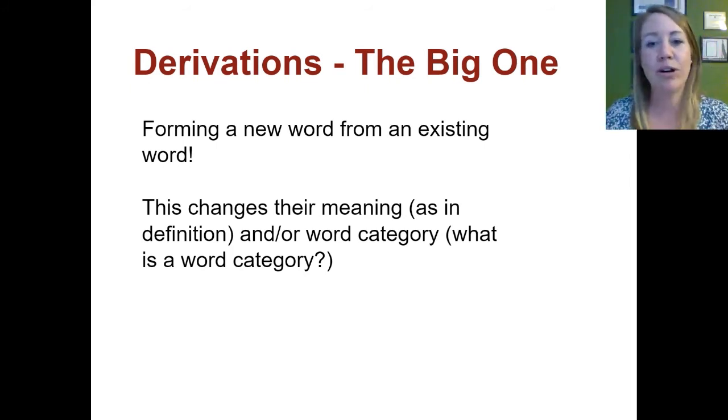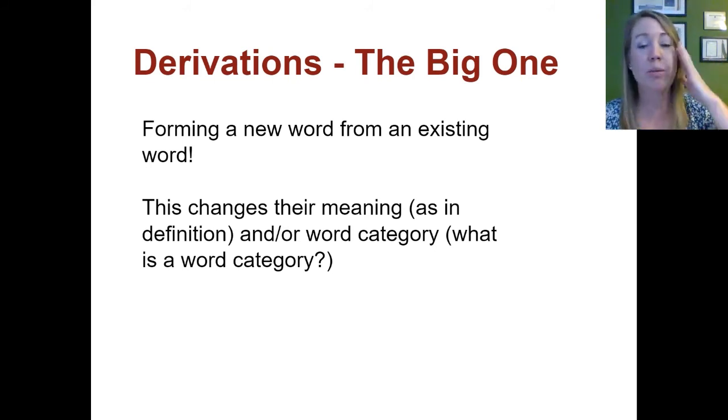When we take an existing word and create a new word from it, this changes the meaning, as in the definition, and it changes the word category. If you're not familiar with word category, I mean it changes the part of speech. This is a term you'll get more familiar with as we move through morphology and into syntax.